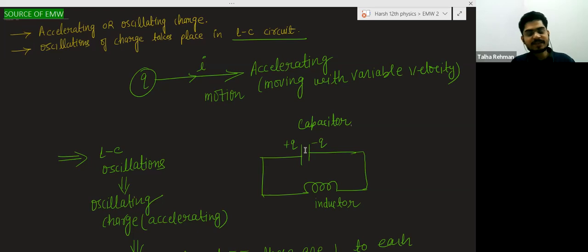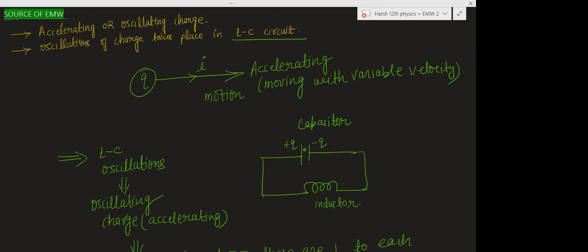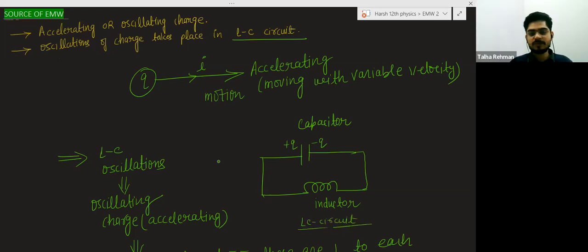So what we can say, an accelerating charged particle can produce the electromagnetic wave. Yeah, basically, this is an LC circuit.